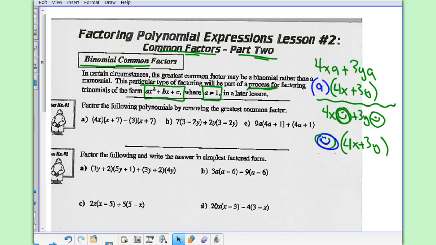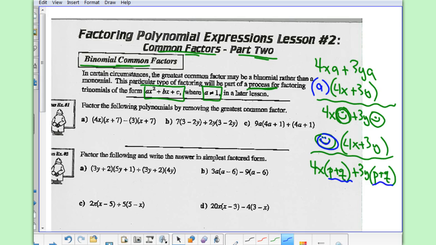But you could also have a situation like this, a third question, and that's what this section is talking about. What if you had the same terms, except you'd have 4x and let's say, I don't know, p plus q, and then you have plus 3y p plus q. When you look at that, you'd say to yourself, these two things are exactly the same.